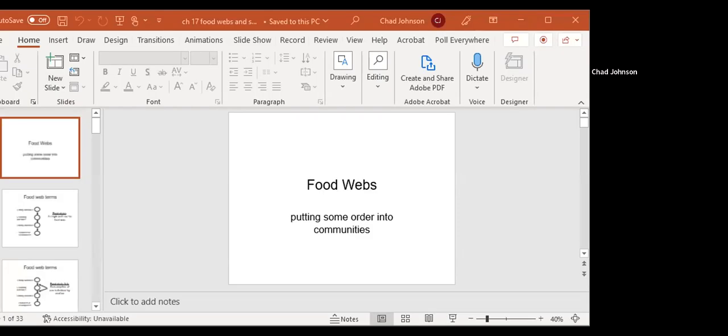Okay, and let me share what is called chapter 17 about food webs. This is pretty straightforward stuff. Sometimes people take this class and they're like, I didn't think it was going to be like that. I thought it was going to be what turns out to be ecosystem ecology. That's because the little they treat ecology in high school tends to be like, save the tropical rainforest, kind of big ecosystem level stuff.